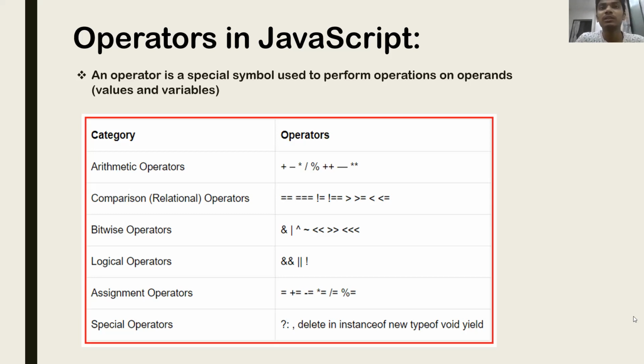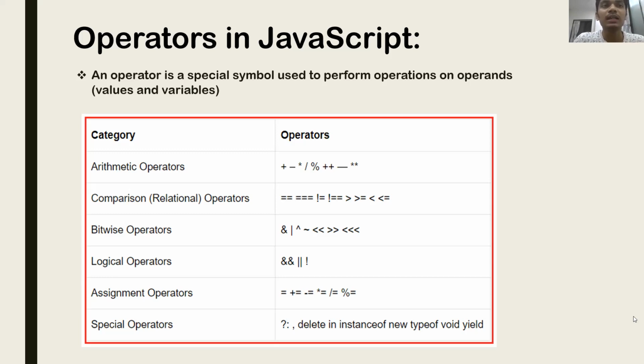There are various bitwise operators such as bitwise and, bitwise or, right shift and left shift as well. Then the next one is logical operators, like logical and, logical or, and logical not, through which we can perform various operations.